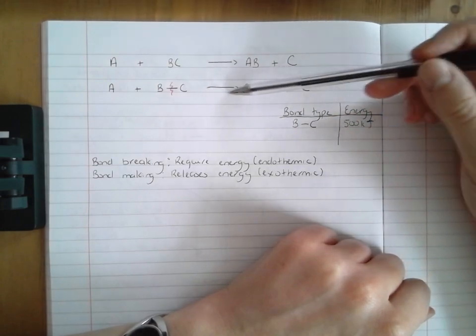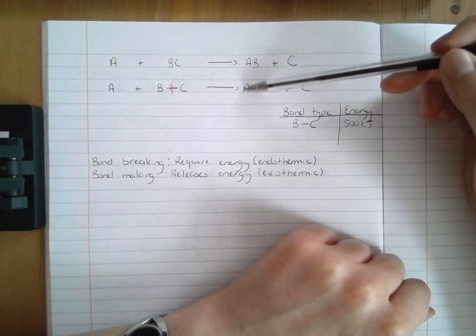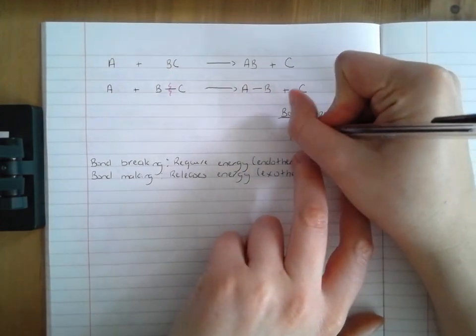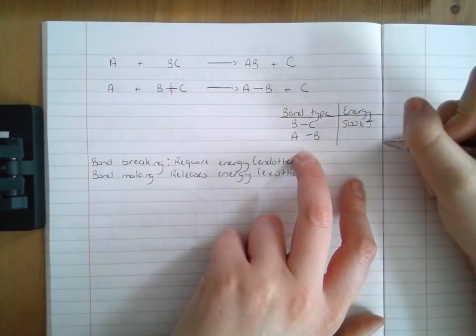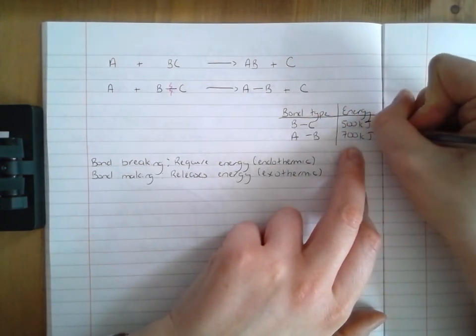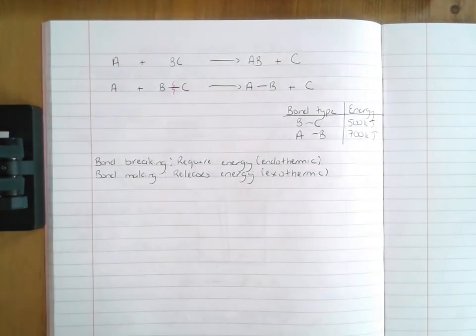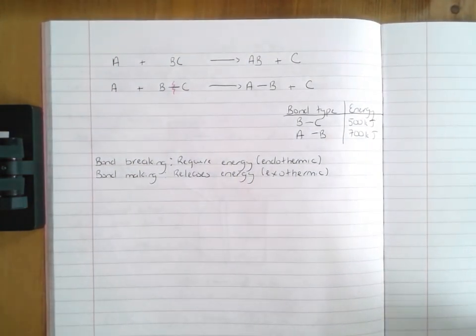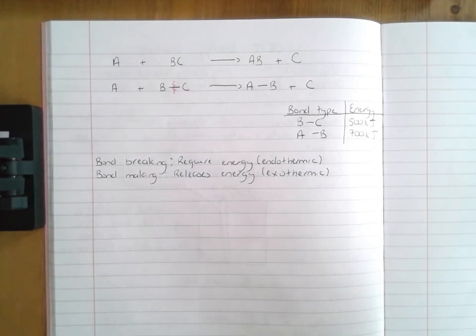In my reaction, the other type of bond I'm looking at is AB. And let's just say that the energy associated with the AB bond is 700 kilojoules. So if I want to see if something is endothermic or exothermic, I need to look at how much energy I need to put in to break bonds, and then how much energy is released by all the new bonds that are formed.